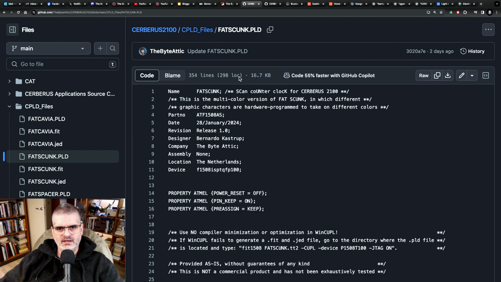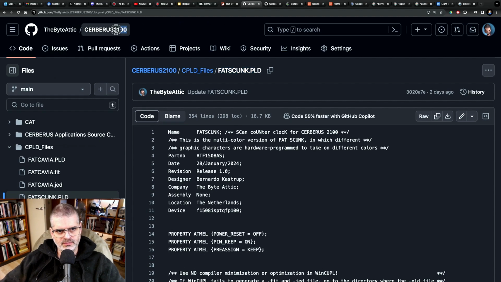All right, here we are with the FatSkunk PLD, the second custom chip in the video circuitry. It's still within the CPLD_files directory of the Cerberus 2100 GitHub under the ByteAttic account.